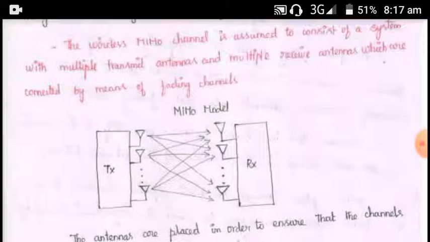The wireless MIMO channel is assumed to consist of a system with multiple transmit antennas, more than one, and multiple receive antennas which are connected by means of the fading channel. So this is the block diagram. Hope you understand this block diagram.